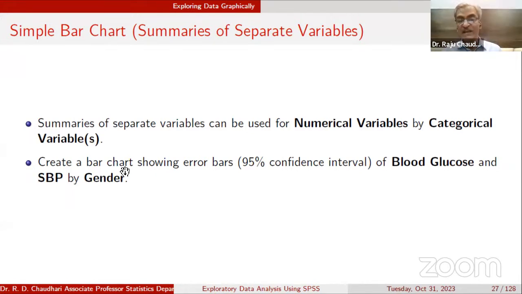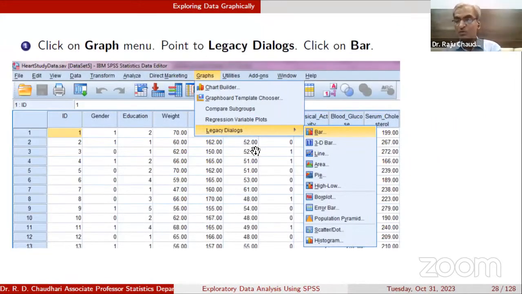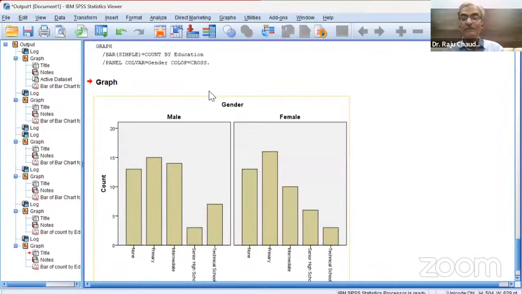Now, in this case, it shows the error bar chart, that is a 95% confidence interval. It will calculate the mean blood glucose for male and for female, and then the 95% confidence interval for male and female separately. So how to do this? It is the same thing.